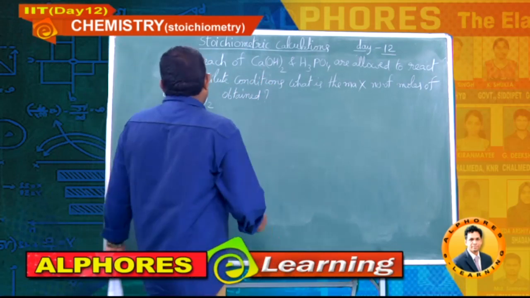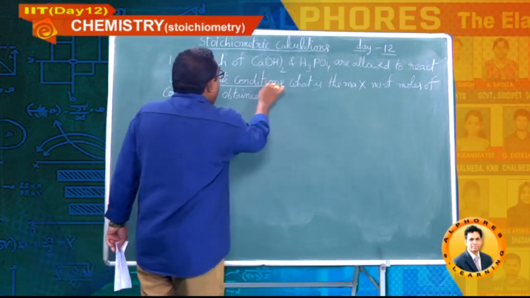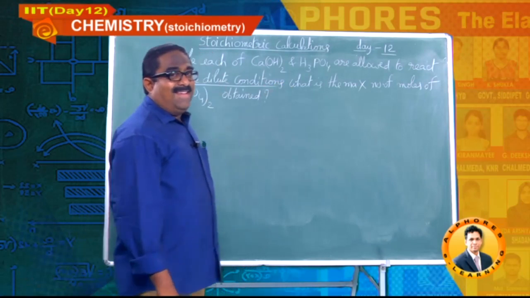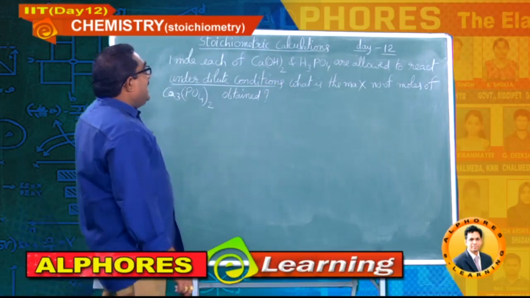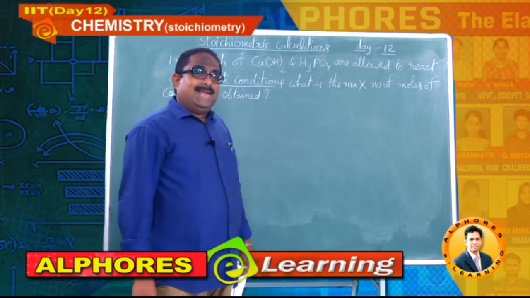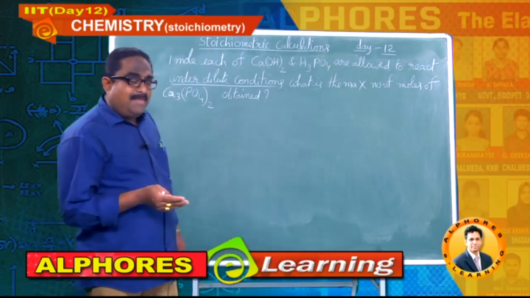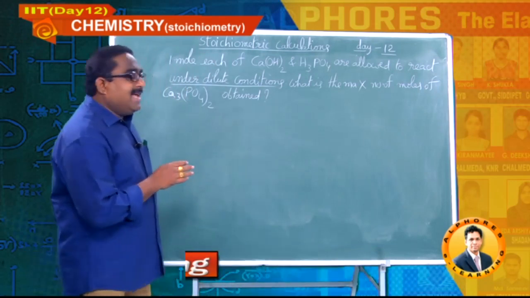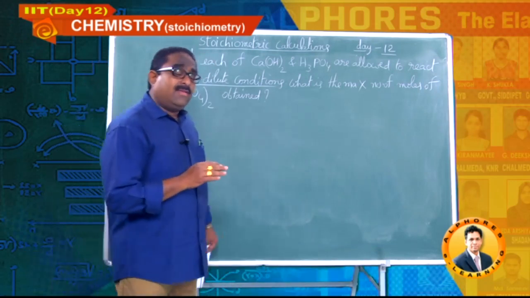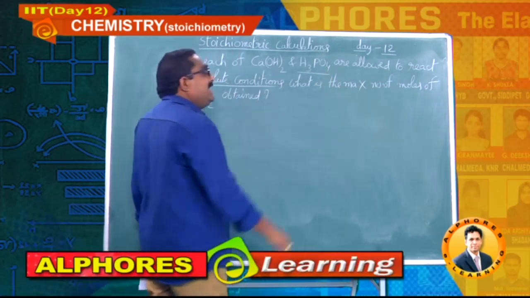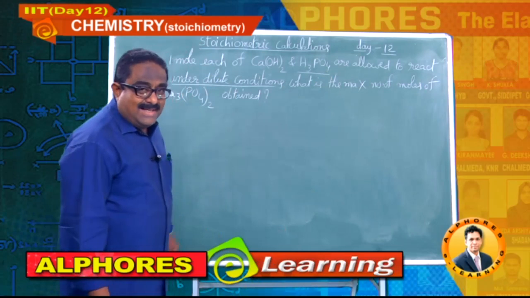And he has mentioned especially under dilute conditions. In the previous question, he did not mention that. There is a small difference between the previous question and this one. In the previous question, he used sulfuric acid, which is a strong acid, and in this particular question he has used a weak acid.